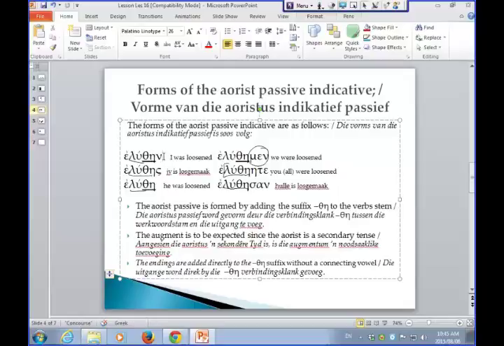It's aorist, passive, indicative, first person singular. Of which word? I can't remember. Look at the vocabulary list. It's somewhere there. Of lambanua. Okay? Lambanua. It means?